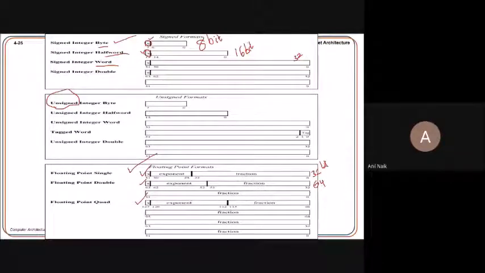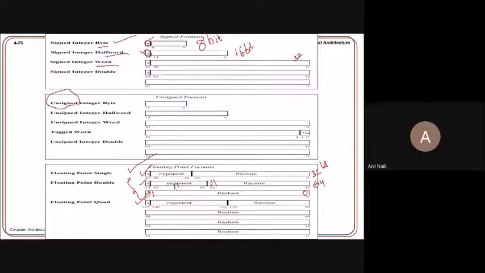Here in double precision, bits 0 to 51, a total of 52 bits, are the fraction, then 1 bit for the sign, and 11 bits for the exponent.